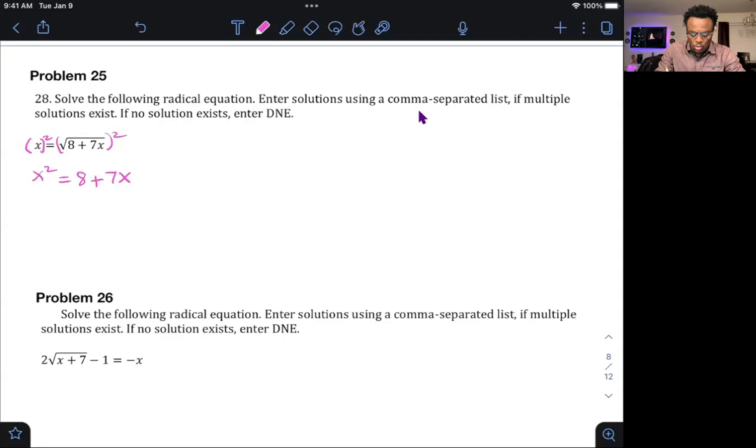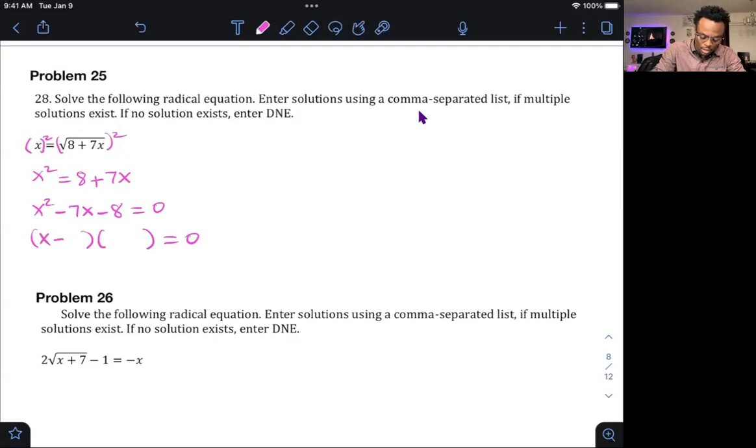So let's move everything to one side. That's x squared minus 7x minus 8 equals 0. You can see that this can be solved by factoring. Two numbers multiply to give you -8 and add to -7. You say -8 and +1.